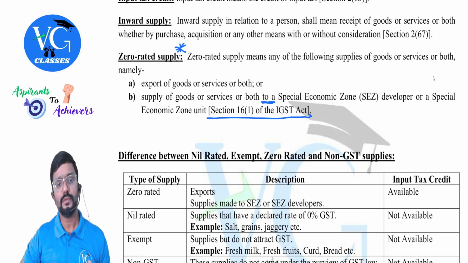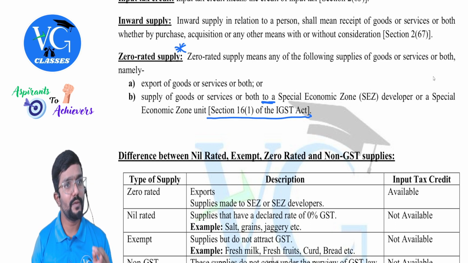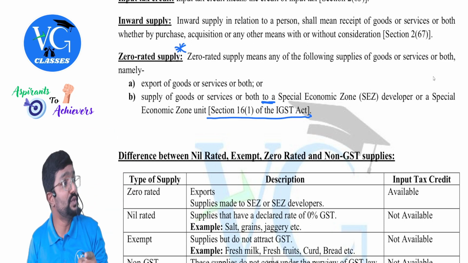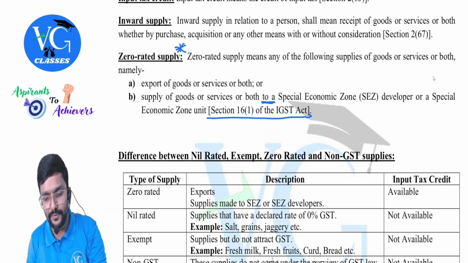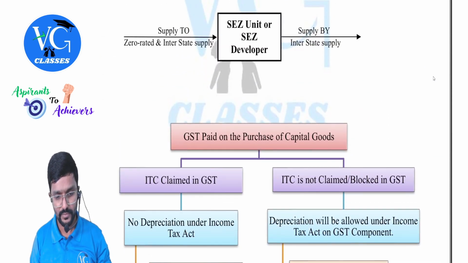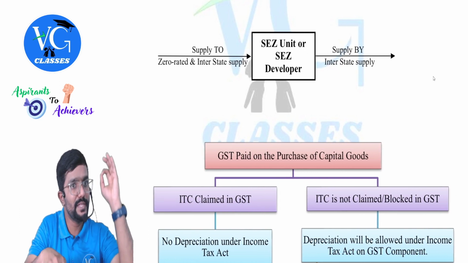Now, guys, please be careful. This is what we learned as zero rated supply. Interstate supply is different. Zero rated supply is different. There is a difference. Please pay attention now. What is zero rated supply? I've given you, please observe.